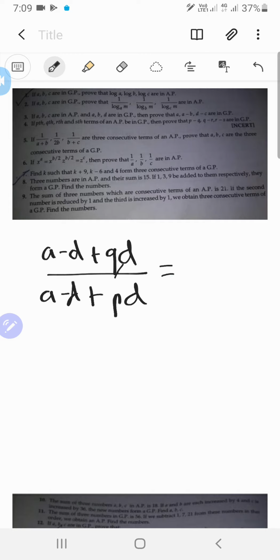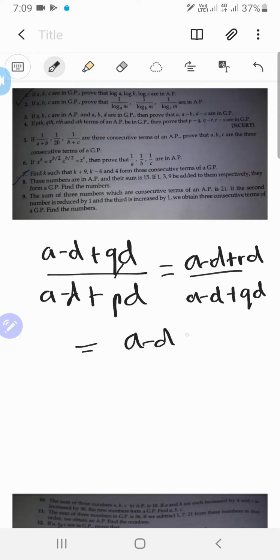This ratio is supposed to be the same as the rth term upon the qth term, which is a minus d plus rd upon a minus d plus qd, which is the same as the sth term upon the rth term. So that's a minus d plus sd upon a minus d plus rd. We have to prove that p minus q, q minus r, and r minus s are in GP.